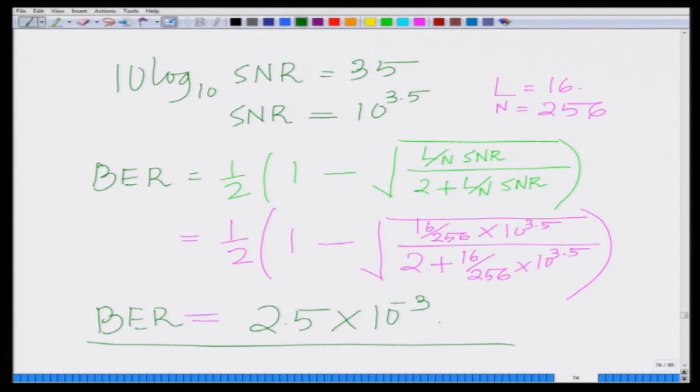So for this example, using the relation that we have derived for the bit error rate, we have shown that the bit error rate of this system is 2.5 into 10 to the power of minus 3. In this module we have considered the noise at the receiver, which we had previously ignored.